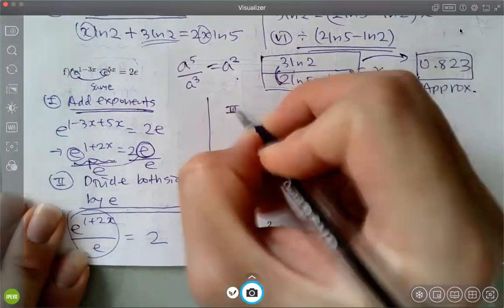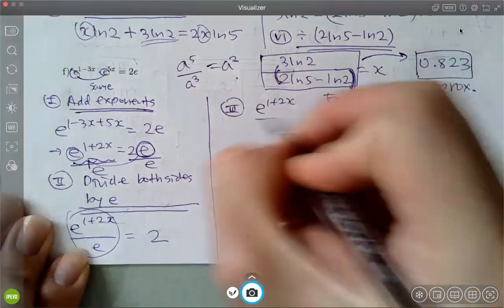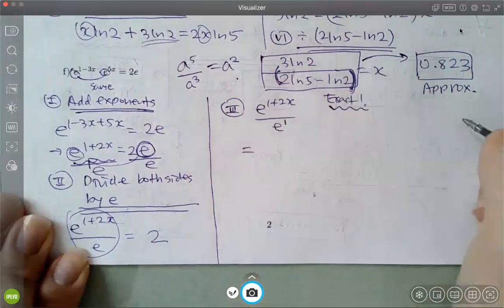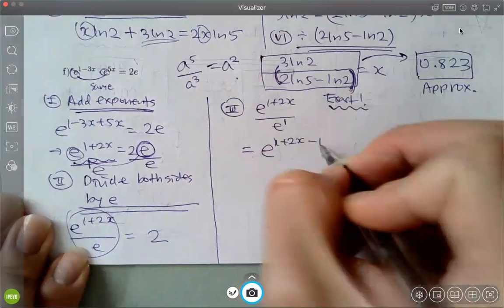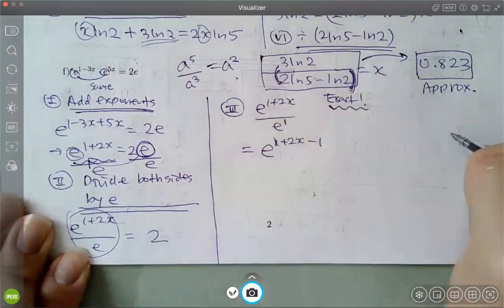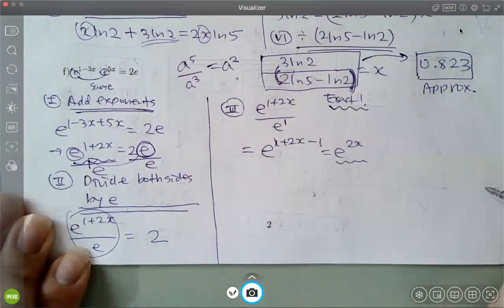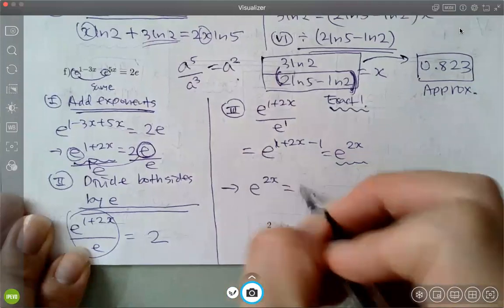Yes. So e to the 1 plus 2x over e, the bottom exponent is 1. So what do we have? e to the 1 plus 2x and then minus 1. And something nice happens, right? We just have e to the 2x. So we have e to the 2x is equal to 2.